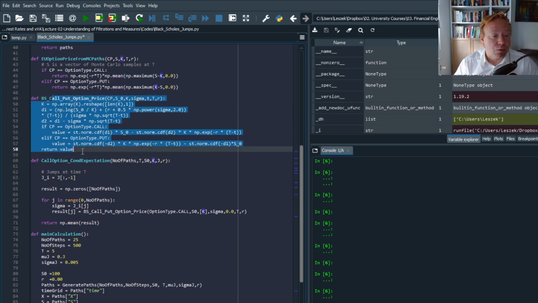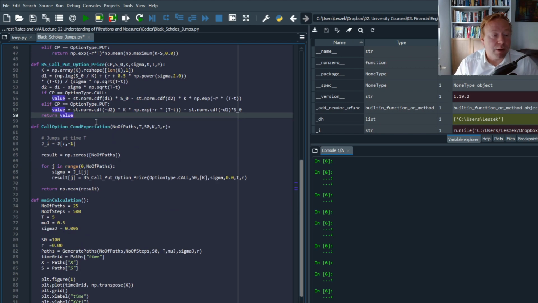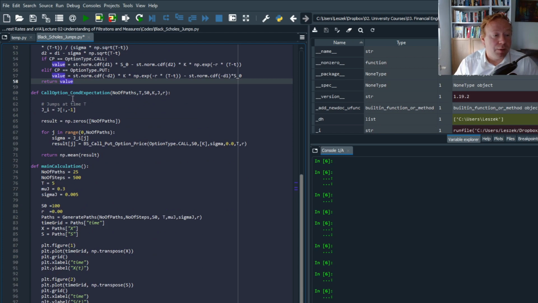Here we see the Black-Scholes formula. This is just the Black-Scholes equation for calls and puts, which we have already seen in the course on computational finance. And here is the conditional expectation part, where for each sample of J we use the Black-Scholes equation. You see that we take the last column of J, the column at the final time step, and we take sigma for each path.